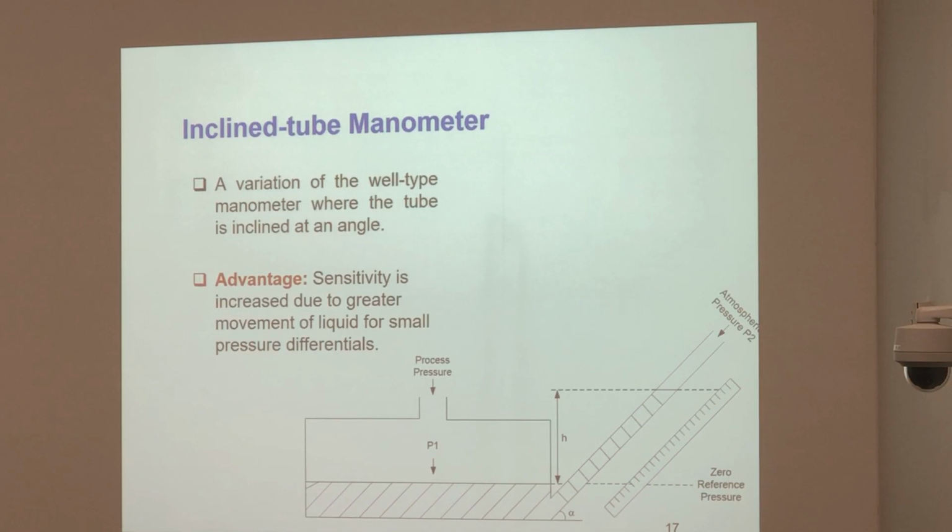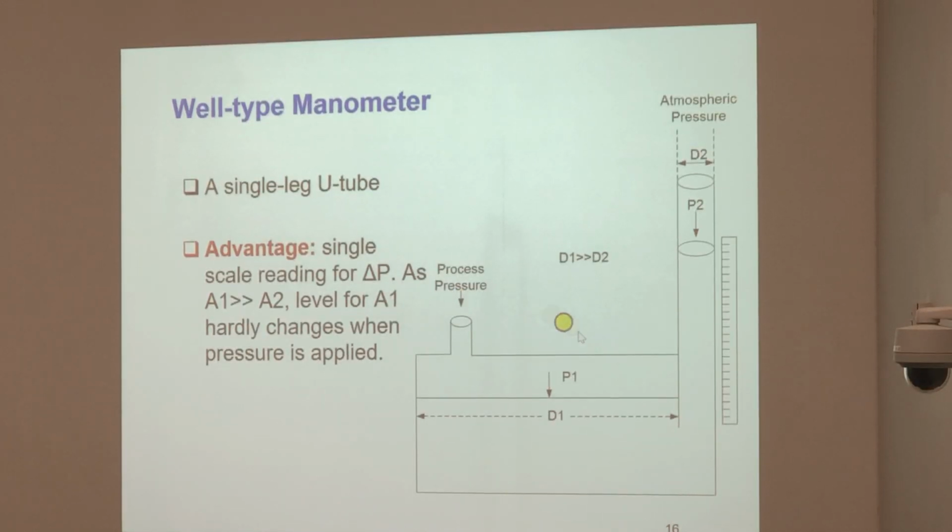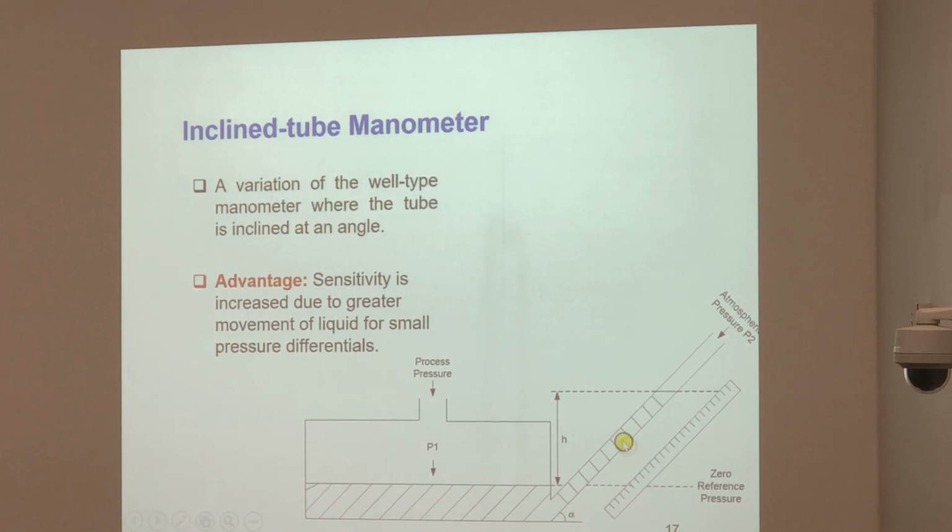So if you look at this one, when it is straight you only have one height. But when I tilt it to the side, the pressure itself is still this H, because pressure is still measured vertically.